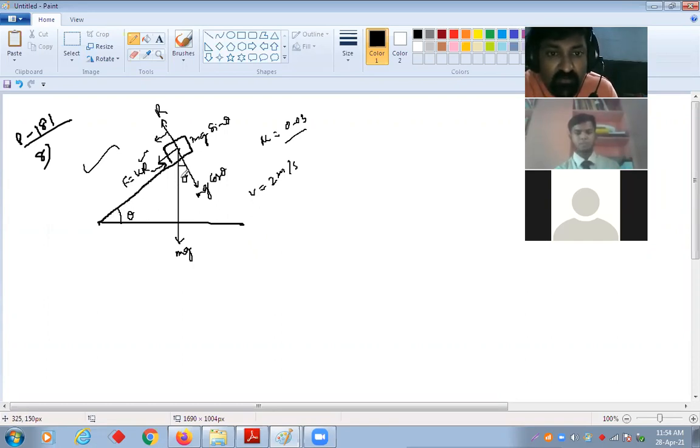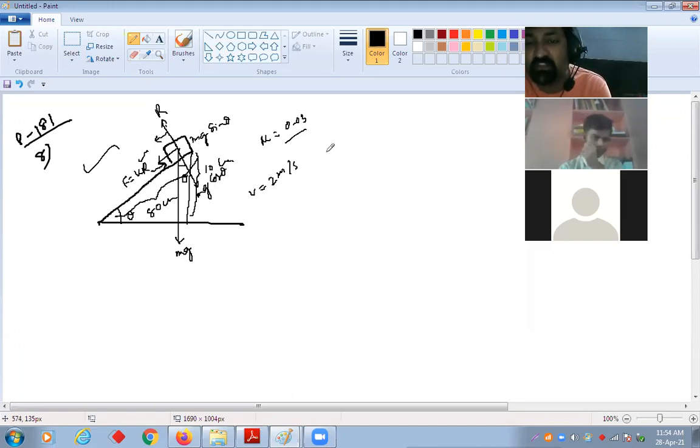For every 80 centimeter long. That means if it is 80 centimeter, and this length is 10 centimeter. Understood? What will be theta? Sin theta is perpendicular by hypotenuse.